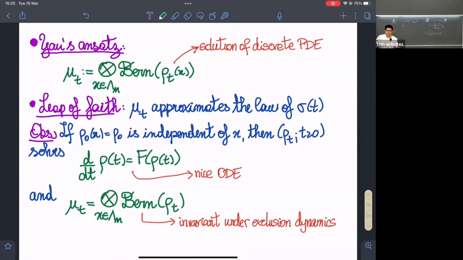So this reaction-diffusion equation becomes an ODE, an ordinary differential equation: rho prime equals f of rho. And this ODE has one stable attractor in the interval 0, 1. So wherever you start, you go there exponentially fast.